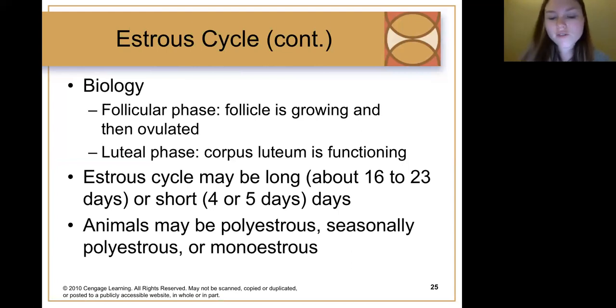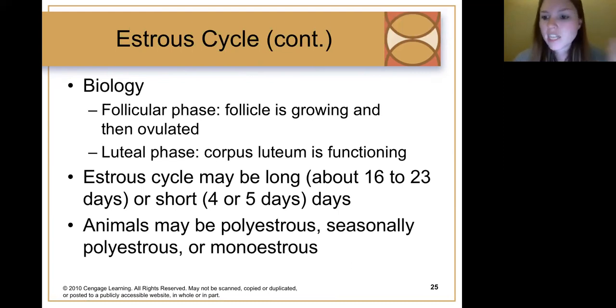So the follicle is growing, and then it's ovulated. And then in the luteal phase, the corpus luteum is functioning. That corpus luteum that's formed after the egg is released is going to produce progesterone to maintain pregnancy if it occurs, and that is what causes the luteal phase. So that's how the estrus cycle can be broken down.